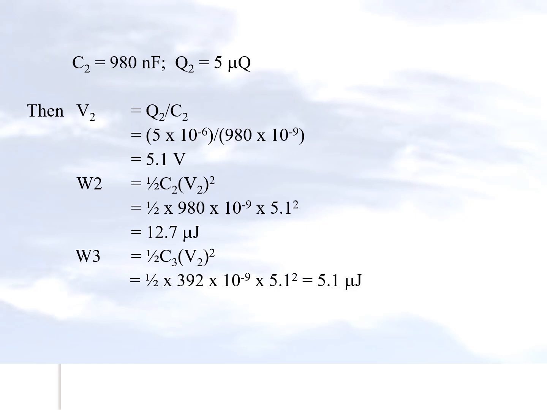Now we can do the same for the second capacitor. We have the capacitance and we have the charge. So we can compute the voltage of the second capacitor as Q2 over C2, which will give us 5.1 volts. Now we are ready to compute the energy as 1/2 capacitance times the voltage square. For the third capacitor, we don't have any information about it, but we still can compute the energy because the third capacitor was in parallel to the second capacitor.